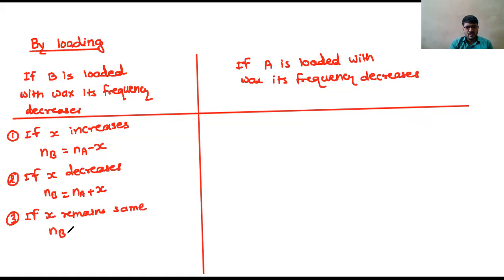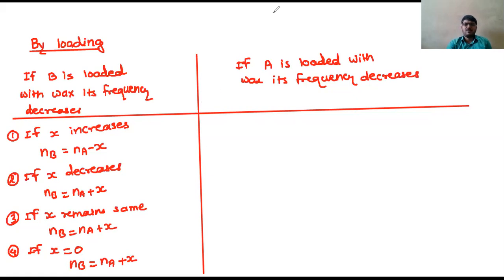Then also NB is equal to NA plus X. And the last one, suppose there are no beats, that is X is equal to 0, then also NB is equal to NA plus X only.